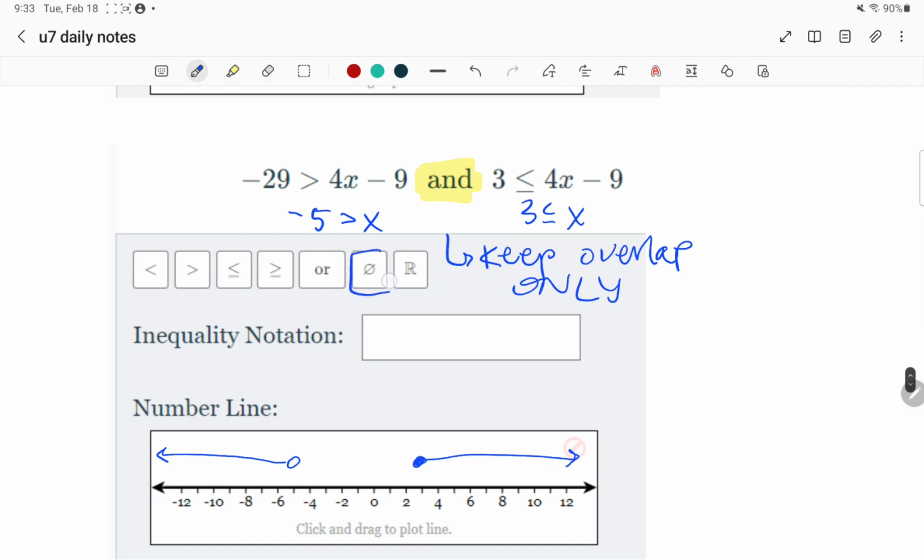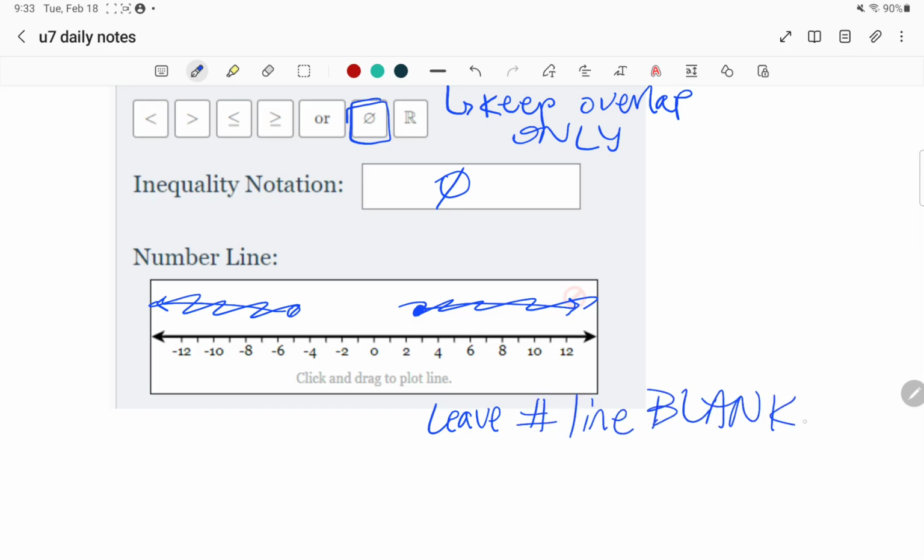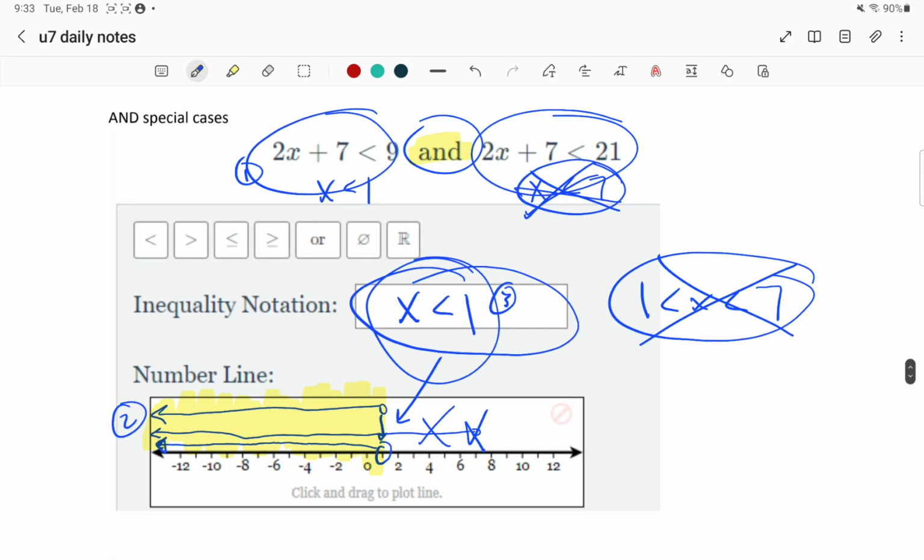So I'm going to come up here and I find my little null or no solution button, I put it in there, you will write nothing. You won't even write this. You'll delete this. You will leave the number line completely blank. And you'll hit submit. You'll be done. Okay? And those are your two options for and special cases.